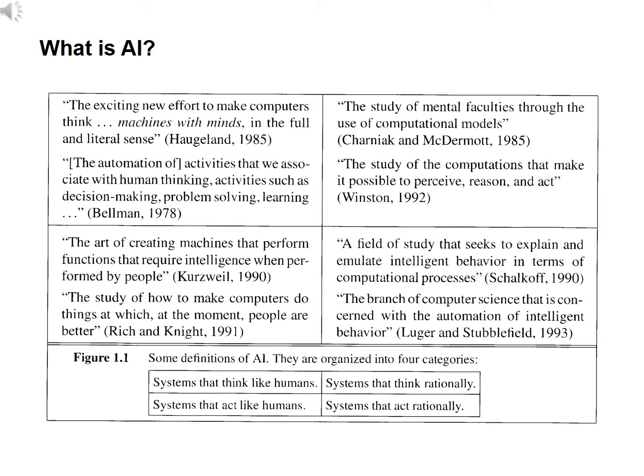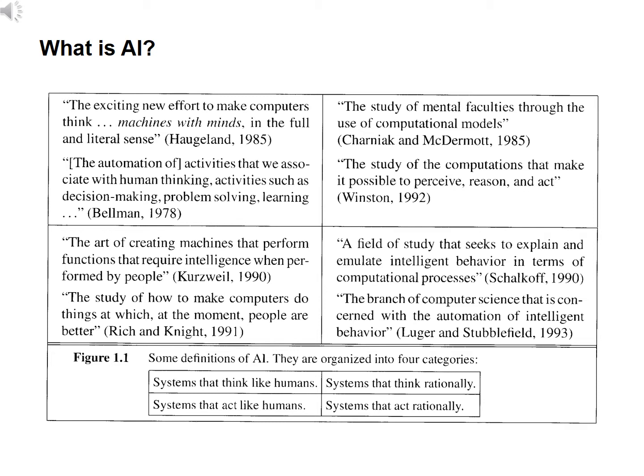So here in this table, you see four different categorizations. The categorization on the upper left corner refers to human thinking, so refers to the artificial intelligence systems that think like humans. In the lower left corner, you see the definitions referring to acting like humans.